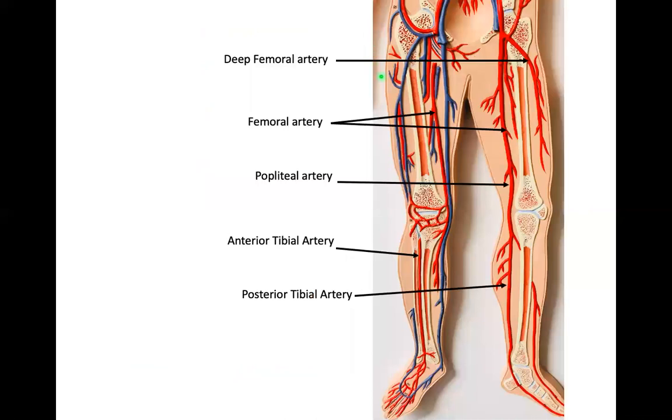Now, what are the blood supplies going to your lower limbs? If you are following the previous slide, this is my external iliac artery. The external iliac artery comes down and runs right by the femur, so this would be referred to as your femoral artery. It goes behind your knee.